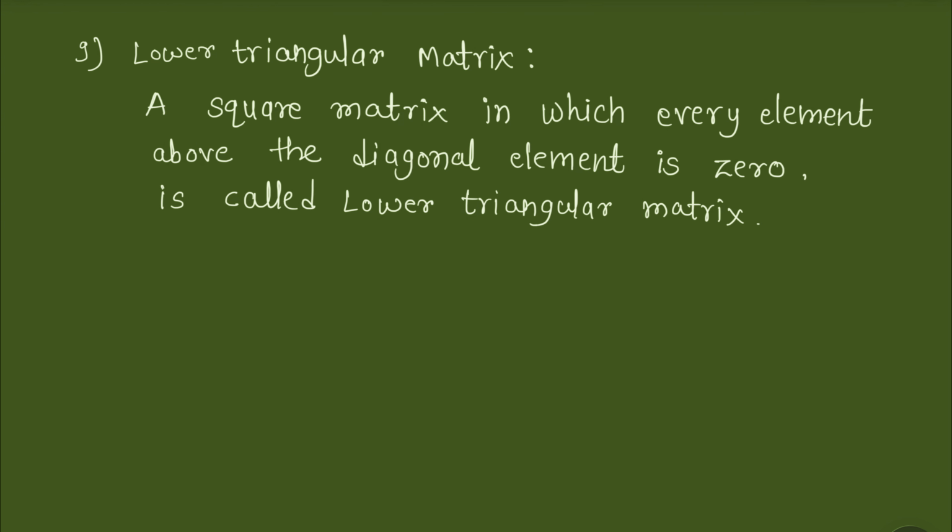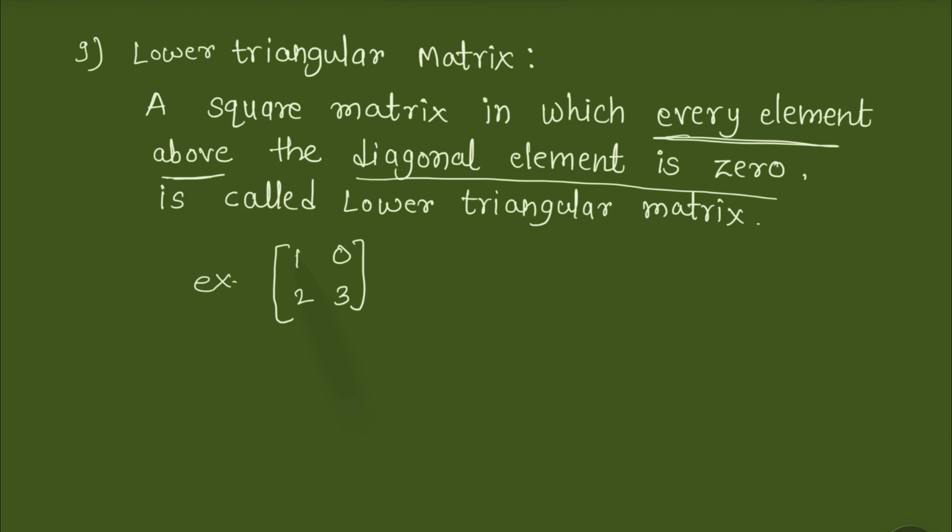Now lower triangular matrix. A square matrix in which every element above the diagonal is 0. Now take an example: 1, 0, 2, 3, where the element above the diagonal is 0. Next example: 1, 0, 0, 2, 3, 0, 1, 2, 3.